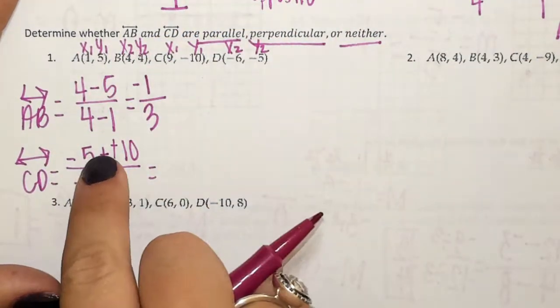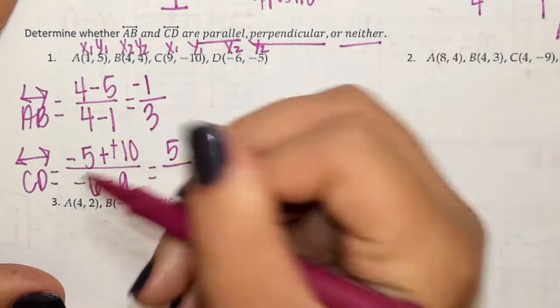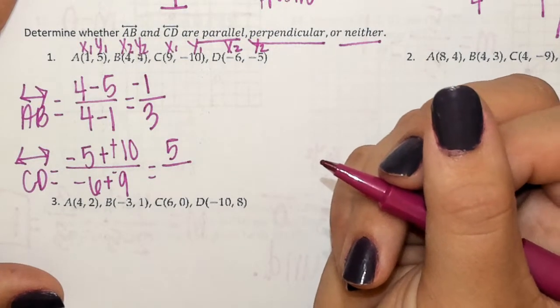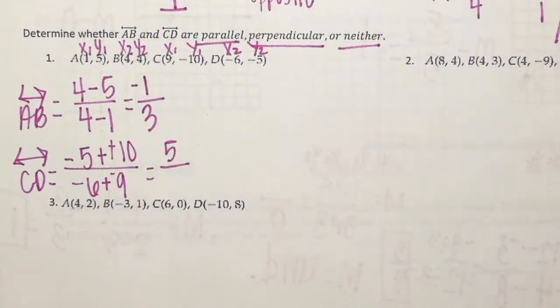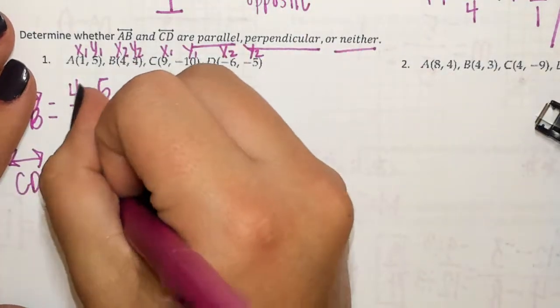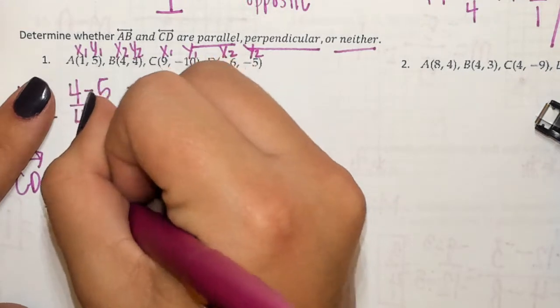So -5 plus 10 is just 5. Did I write that down right? No, that was just one negative, wasn't it? I wrote one too many.